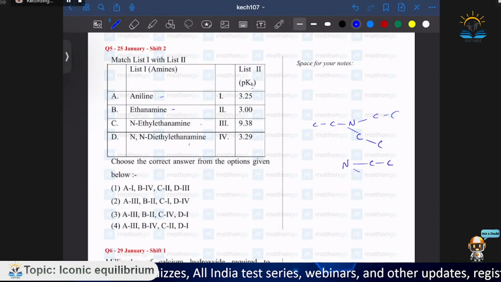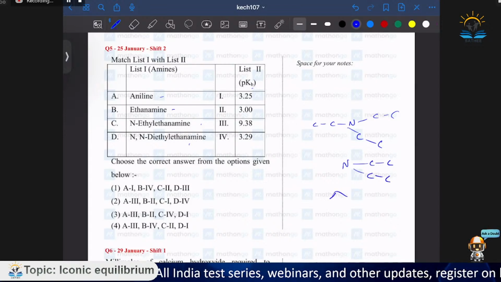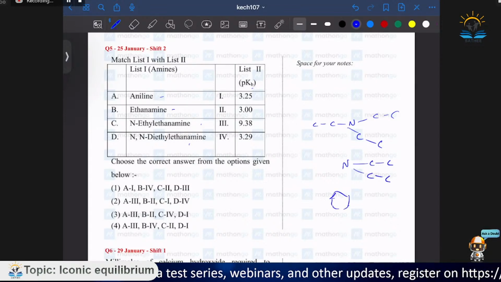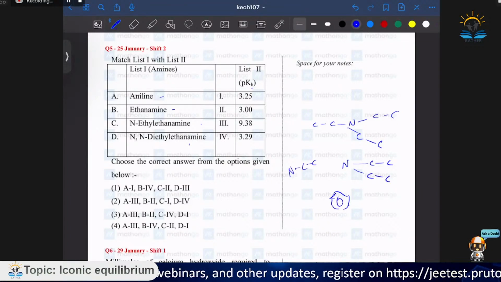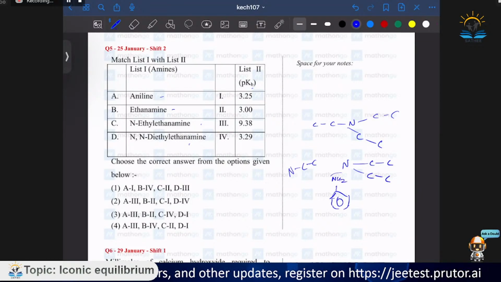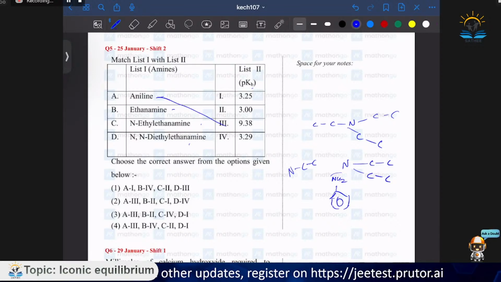This is N-ethyl ethanamine. This is just ethanamine, and this is NH2. So aniline is the weakest. You'll learn this in organic, don't worry. The strongest one is this, followed by the other.